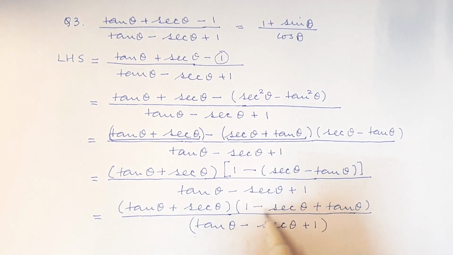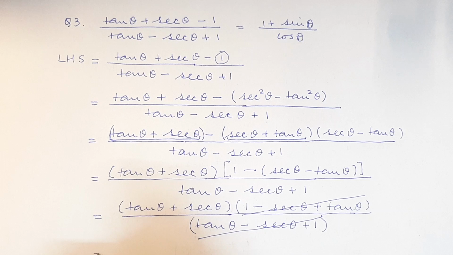Now look carefully, this and this bracket. Aren't they the same? Plus 1 is here, plus tan theta is there, minus sec theta. So can you see this bracket, they are the same brackets. So we cancel them. See the cancellation? You have to always cancel diagonally like this. Do not cancel horizontally. If you cancel horizontally, oops, I made a mistake. No, not that cancellation. This is your division cancellation.